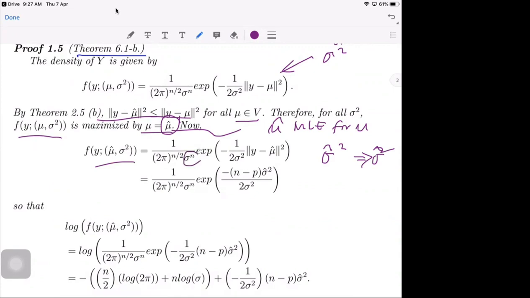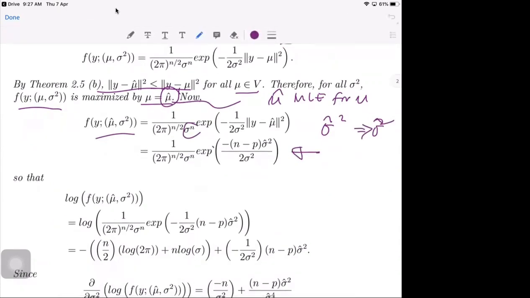So first is the differentiation, but it is easier if you are dealing with exponential e to the something. When you differentiate, it is easier if you take the log of the density. Log of this will just be equal to the parenthesis.